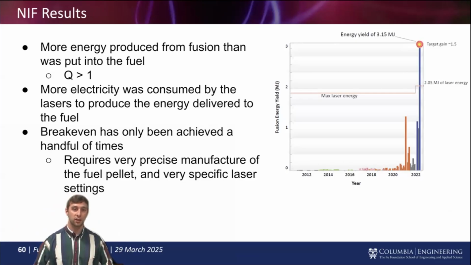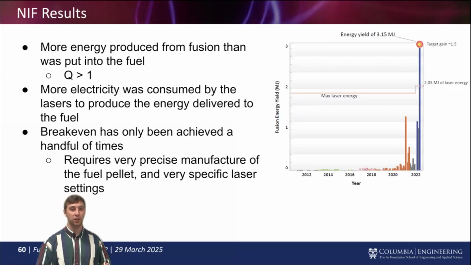So the National Ignition Facility is one lab in the United States that has achieved high plasma performance, high fusion performance using this approach. They have achieved what we call Q greater than 1, which means that there's more energy being produced from the fusion reaction than there is going into the fusion reaction.